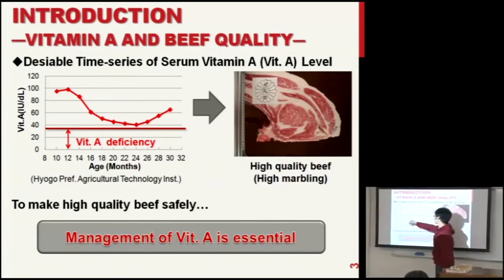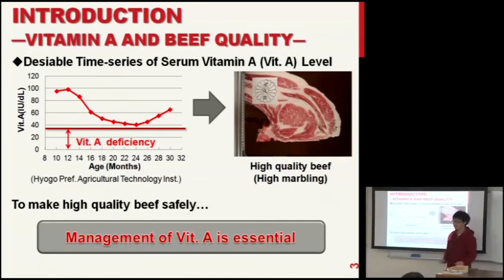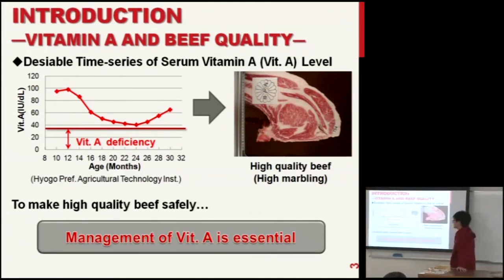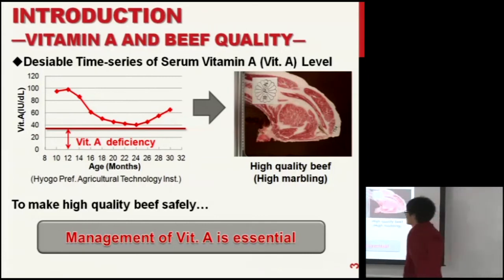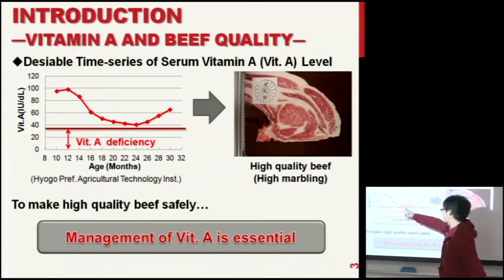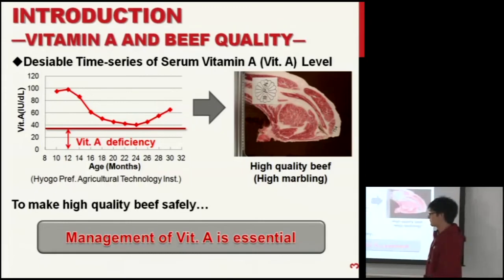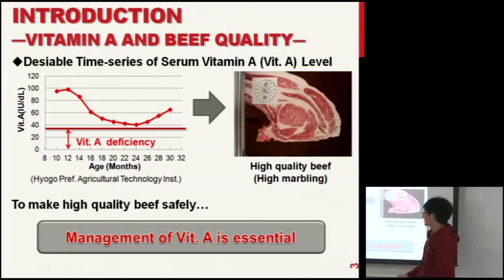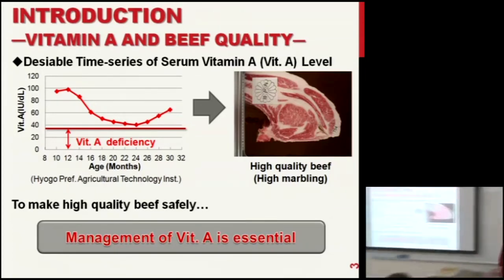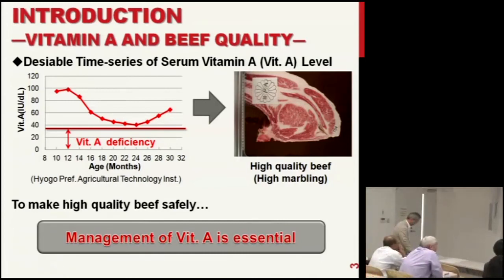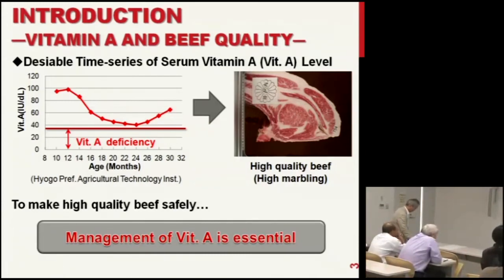Usually in this period of reducing vitamin A, breeders don't give vitamin A by food. Then vitamin A reaches a dangerous range. Then breeders give vitamin A by medicine, then control and control. So the critical period to measure vitamin A is between 18 and 22 months old.